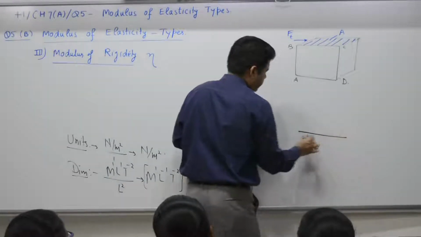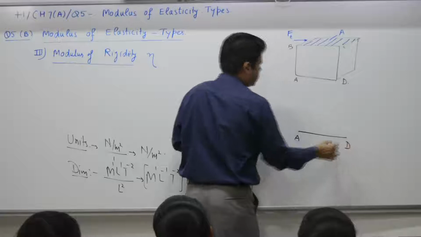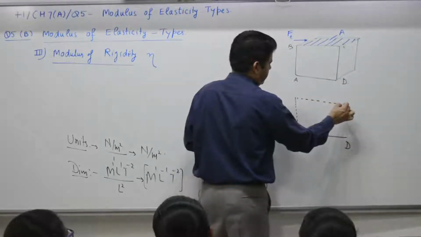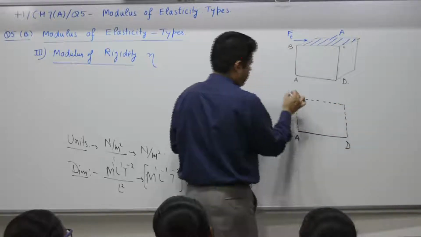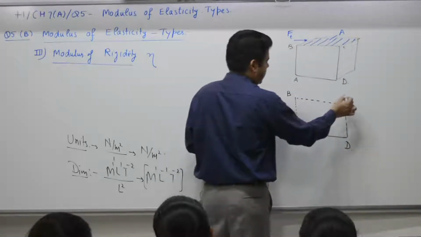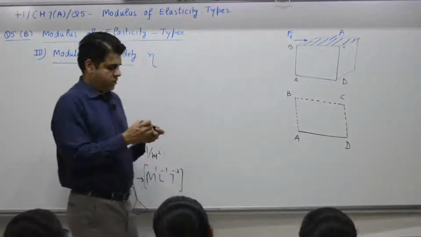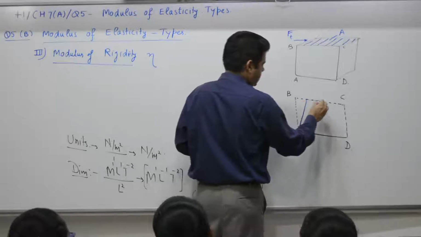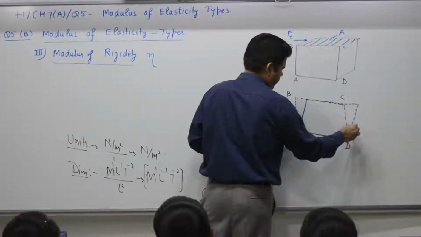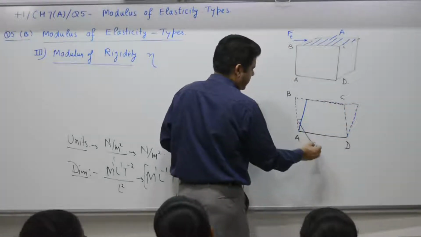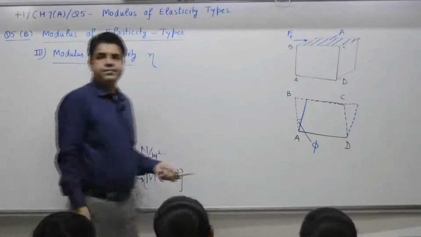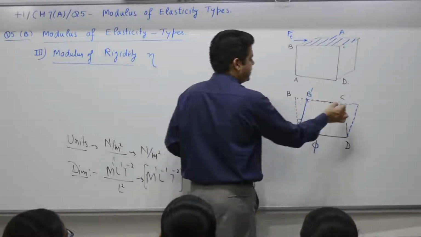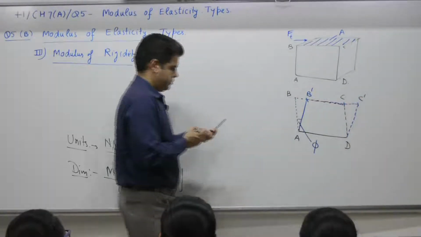AD remains as it is. This line AB and this line CD will shift towards the right by a certain angle, say phi or theta, whatever it is. The upper point B shifts to B dash and C shifts to C dash.